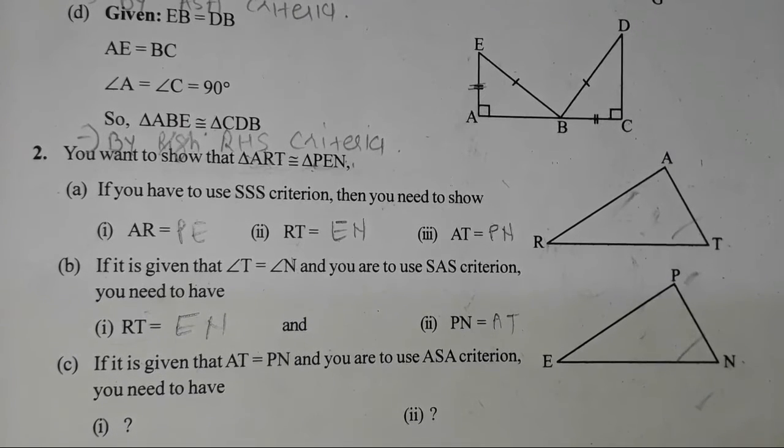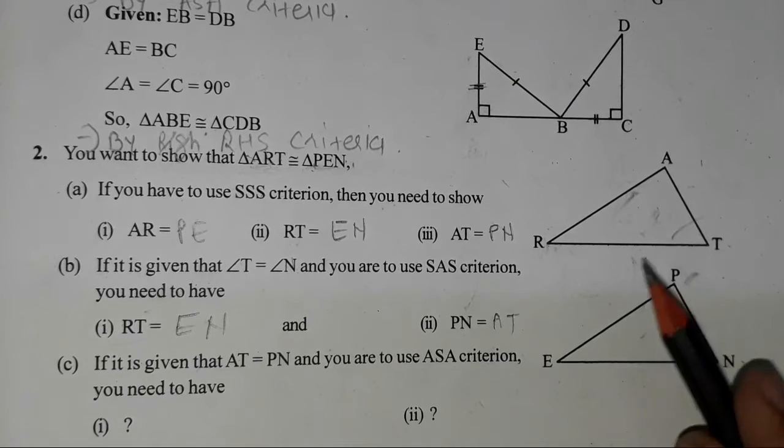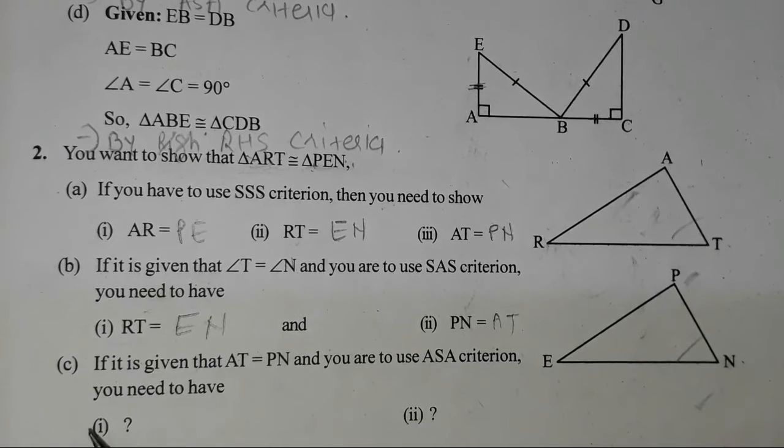If two corresponding angles and the included side of a triangle are equal to two corresponding angles and the included side of another triangle, then the triangles are congruent. So here we need to check two angles and one side of the triangles should be equal.